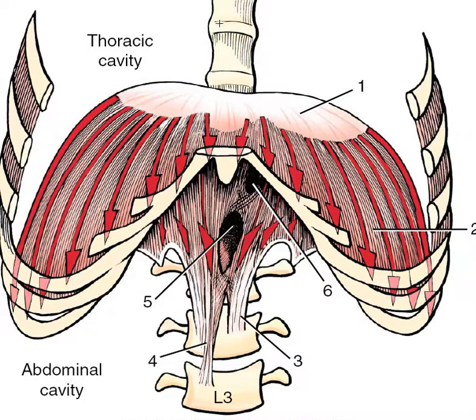So we would get some change in vertical dimension from the descending component of the dome, and then we would get an outward and upward change in dimension from movement of the ribs and their bucket handle motion, because the diaphragm is now pushing up, and that would naturally, because of the joint movements, move the ribs upward and outward. And by doing that fixation, if the central tendon becomes fixated, we get a change in vertical dimension, a change in anterior posterior dimension, and a change in medial lateral dimension.